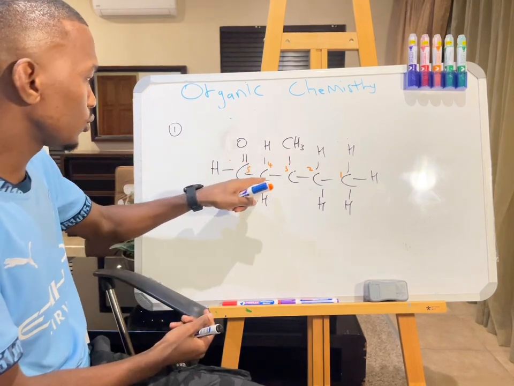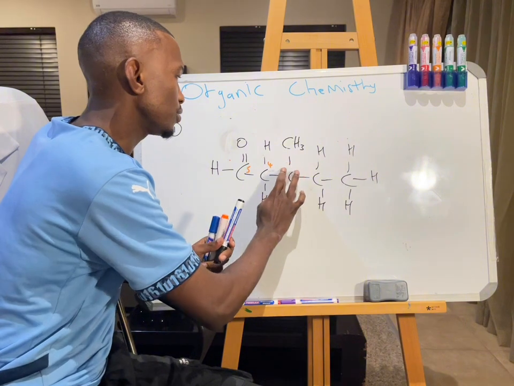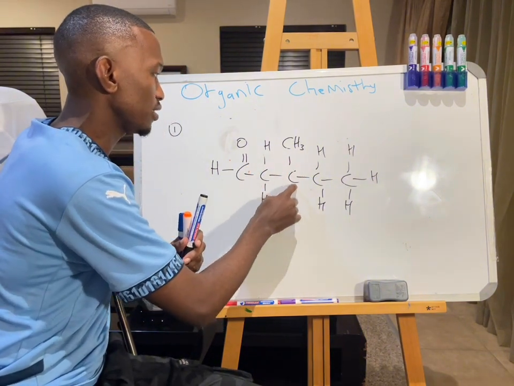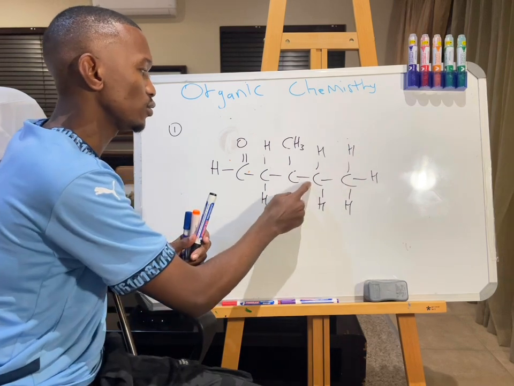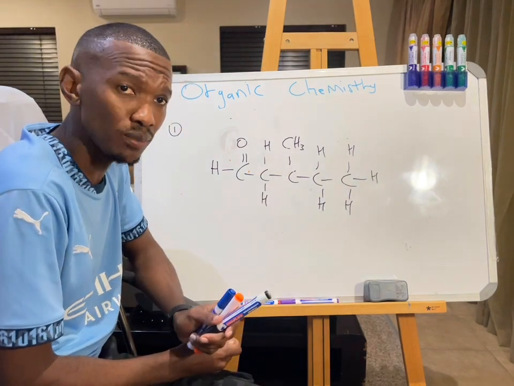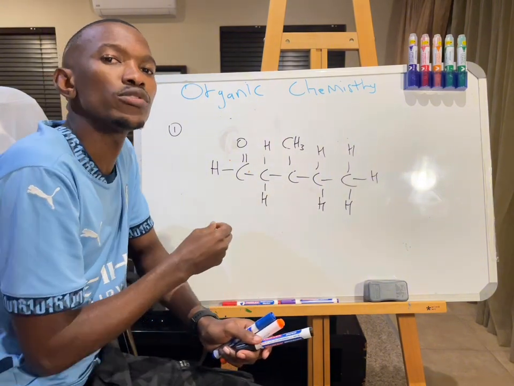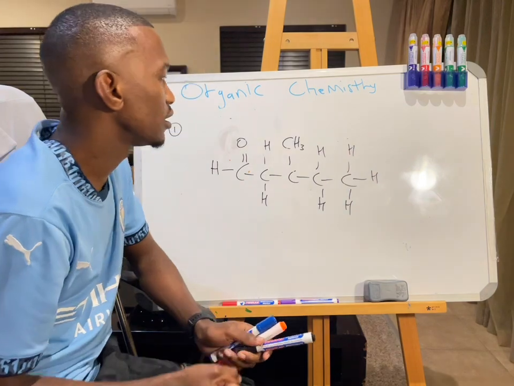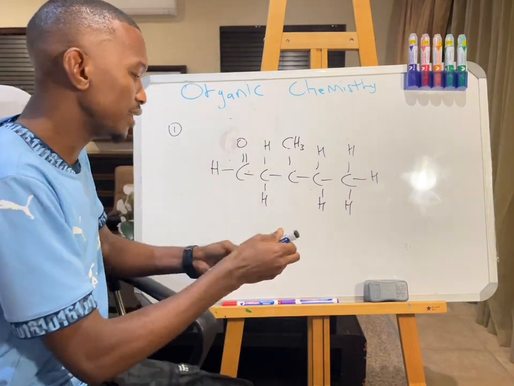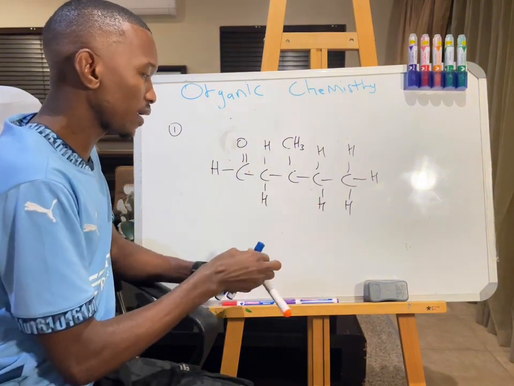Let me remove this one here so that I cannot confuse you. Someone can say 1, 2, 3, 4, oh, it's 4, then you're done. No, it breaks. Remember? Let's find the longest chain. 1, 2, 3, 4, 5. Between 5 and 4, which one is longer? 5. So the 4 was breaking a lot. So it's 1, 2, 3, 4, 5. 5 is still what? Pent.